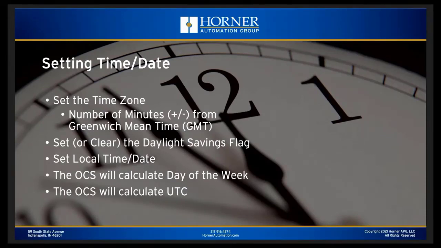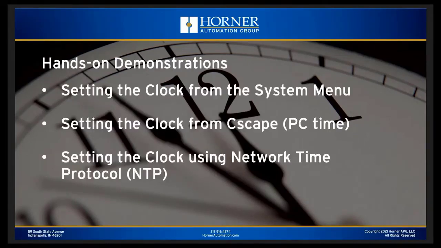It also will calculate what UTC is and make that available through system registers as well. We have some customers with machines scattered throughout wide geographies in different time zones, and they want to have a common time zone that all the machines are in. So for some functions like data logging, they will use things like UTC. So that's the general process that is followed.